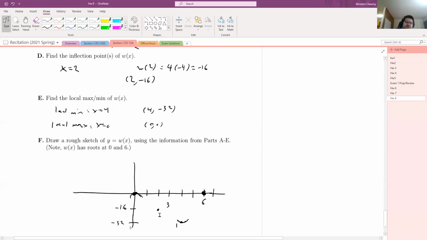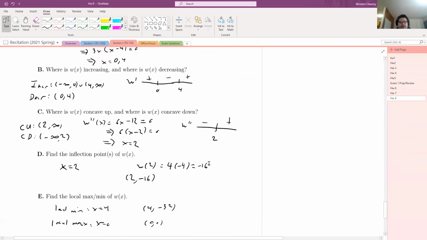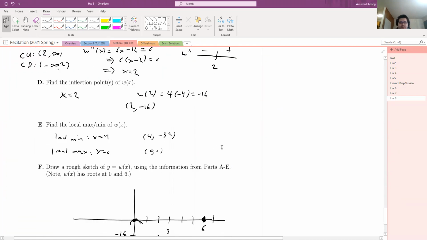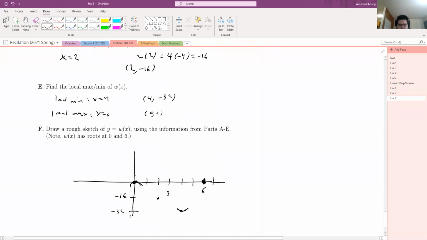So we kind of just need to shape things, connect the dots in such a way that makes that a point of inflection. And also, I can keep in mind that this thing is supposed to look cubic. And so you can basically see from there what this is supposed to look like. It looks something like that.